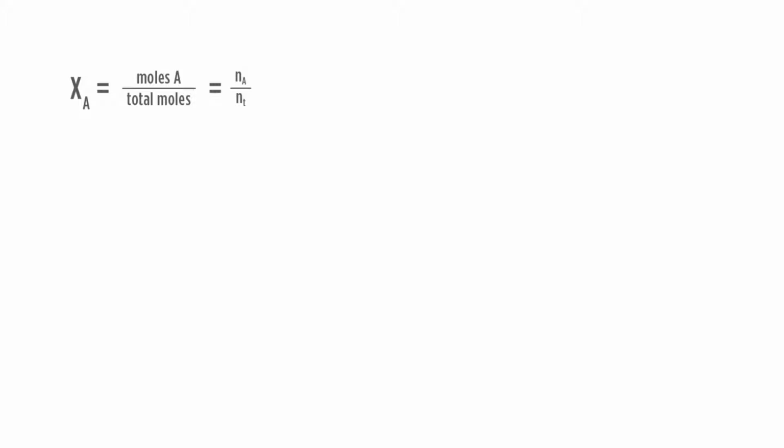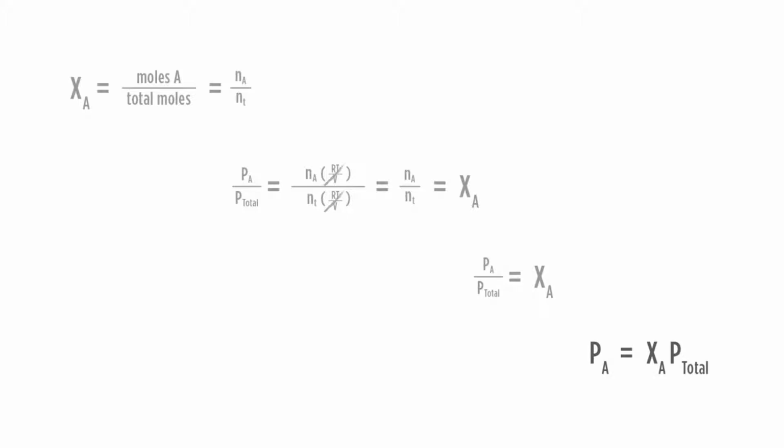If we relate this to partial pressures and total pressure, we can see that PA over PT is nA times RT over V, over nT times RT over V. RT then cancels, giving us nA over nT, and we know that nA over nT is the mole fraction of A, so PA over PT equals XA. We can then convert that into the formula PA equals mole fraction A times the total pressure.